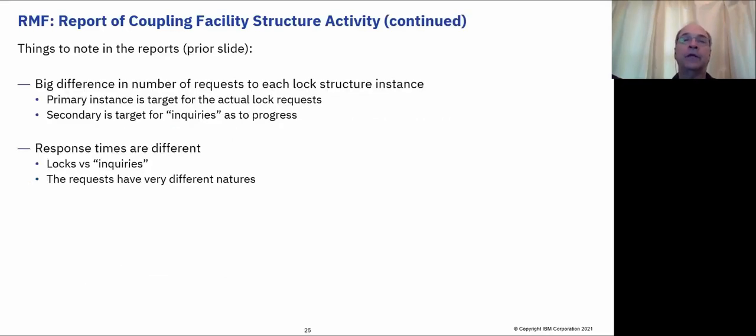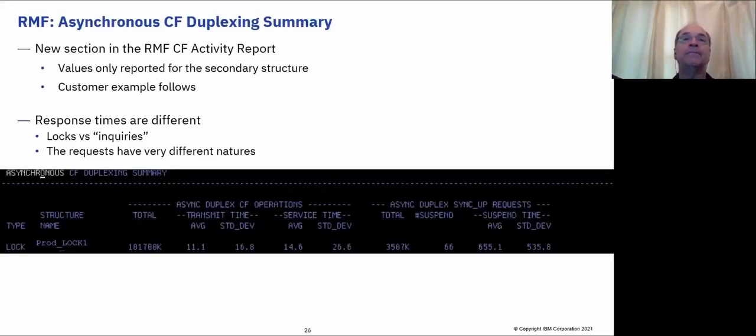In case you're reviewing this at night because you can't sleep, I just highlighted on this page the points that I just made on the prior page. There is another change with Async SMD. There's a new section in the RMF CF activity report, and this is called Async CF Duplexing Summary. You can see the word async somewhat highlighted. I borrowed this screenshot from a piece of customer data.